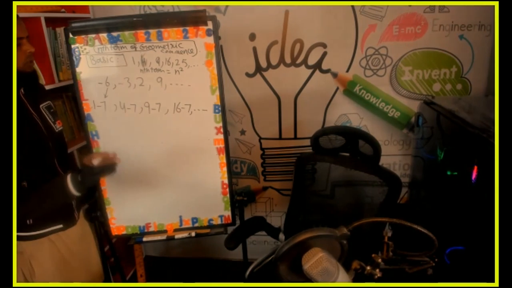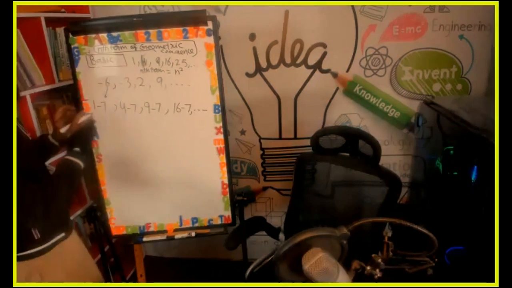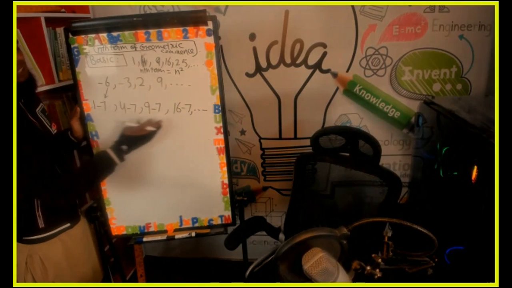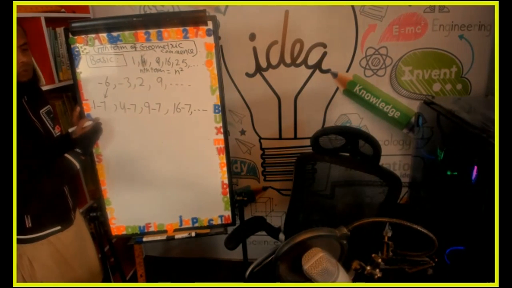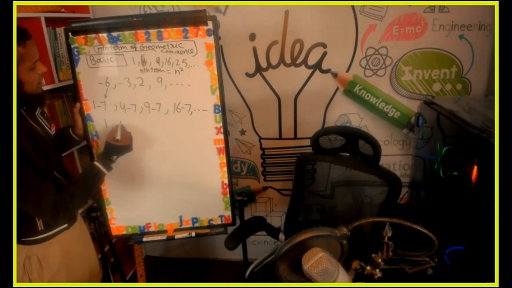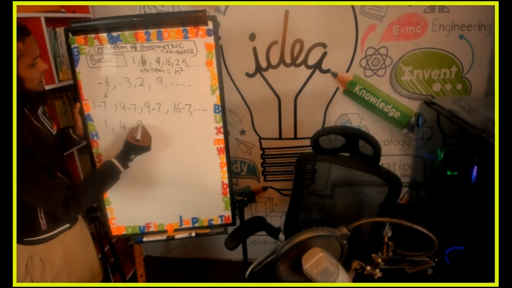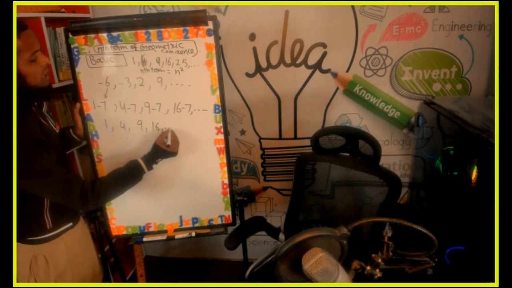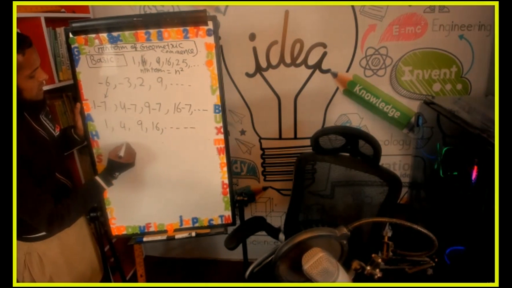Yes. Now understand, these are two sequences. There is a difference between the two sequences. One sequence is 1, 4, 9, 16, and so on. Its general term is n square.